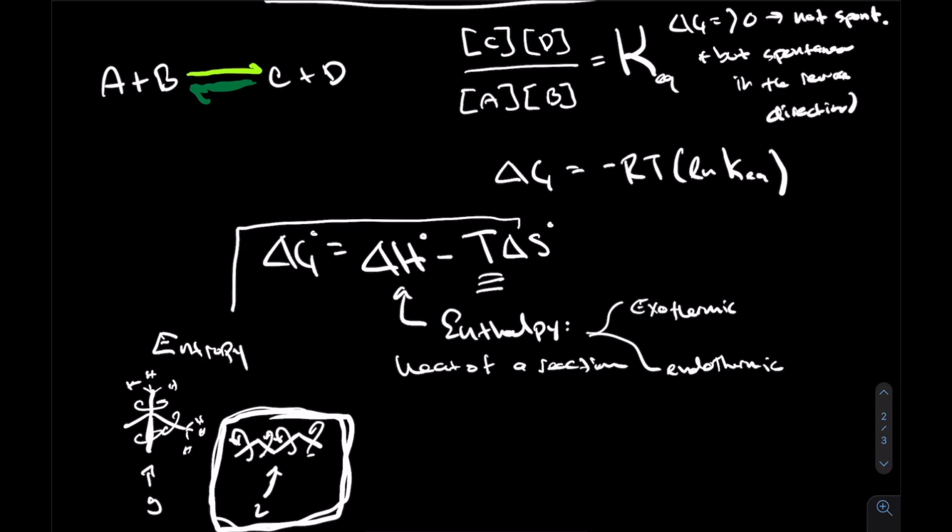The enthalpic term of a reaction, the delta H, is controlled by the energy of the bonds forming minus bonds breaking.